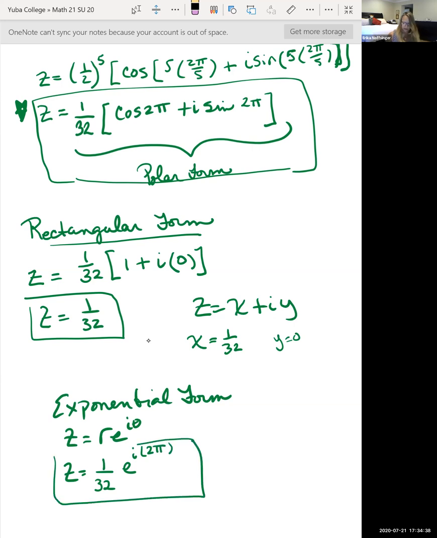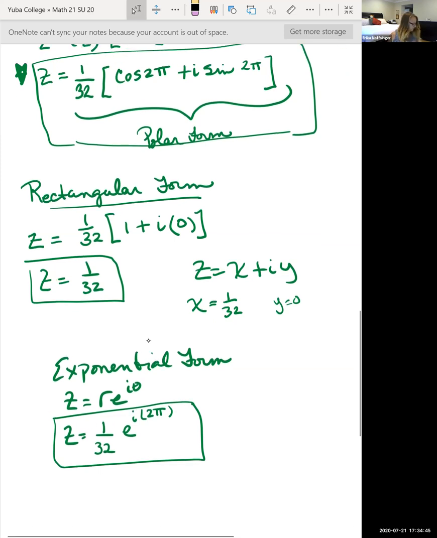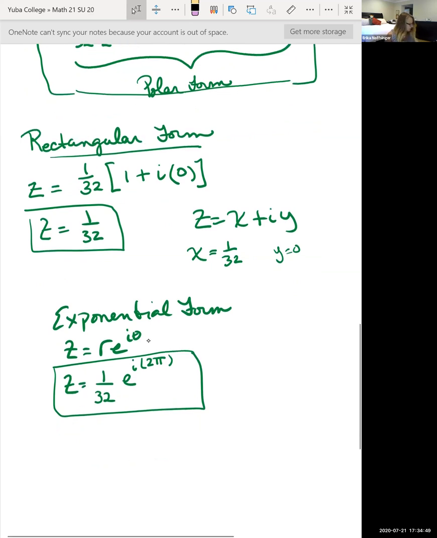And so there's our exponential form. Oops, okay, so this is where, 2 pi theta.